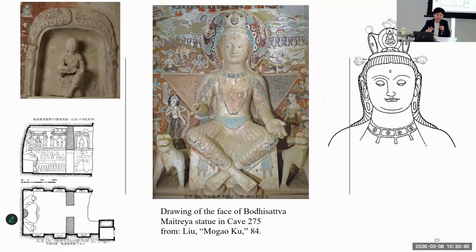So the cave contains strong Central Asian cultural elements, especially the main statue of the Bodhisattva Maitreya. You can see the whole artistic style of the sculpture is not Chinese, especially the face of the Bodhisattva.